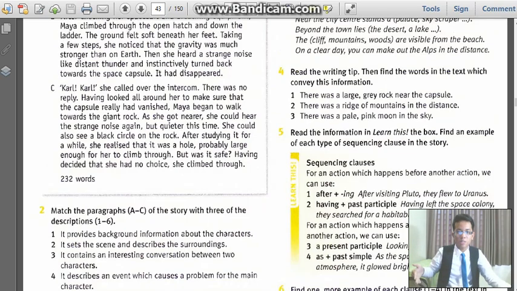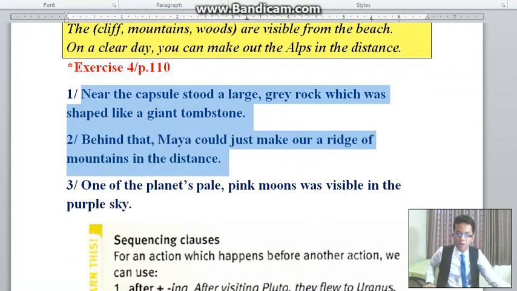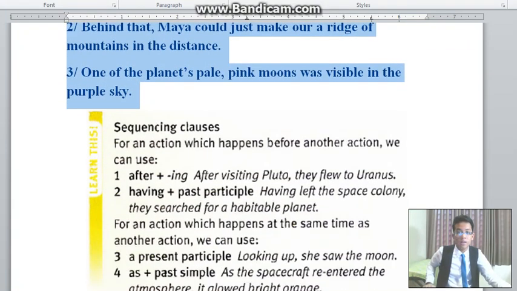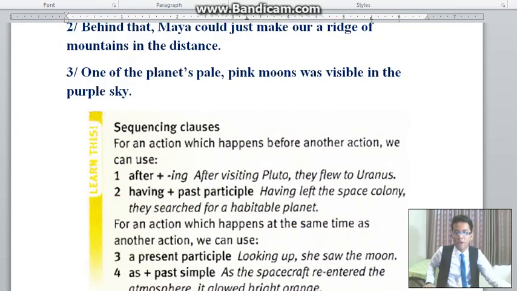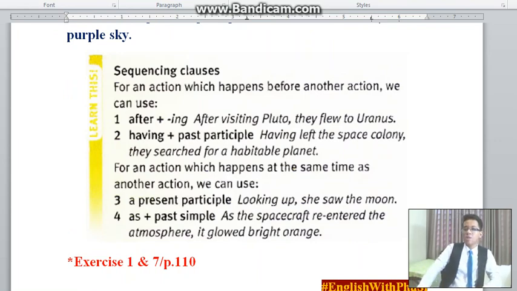Moving on to the learner's box. This one is important. I have also written the answer. Sequencing clauses. Remember that, that is the title for the structure.